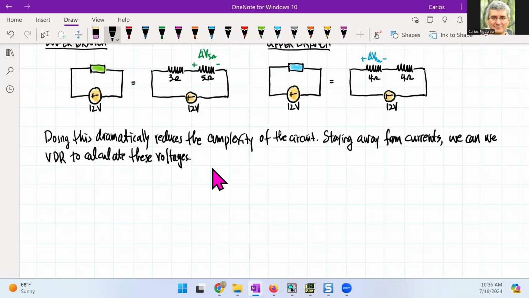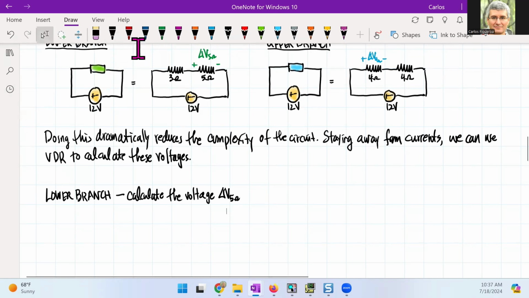So if I look at the first branch, let's think about the lower branch. The lower branch then says this. So for this lower one, here we want to calculate the voltage delta V 5 ohm. So if I look at this circuit, I'm going to have this.